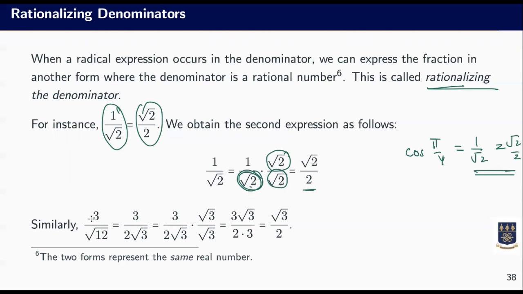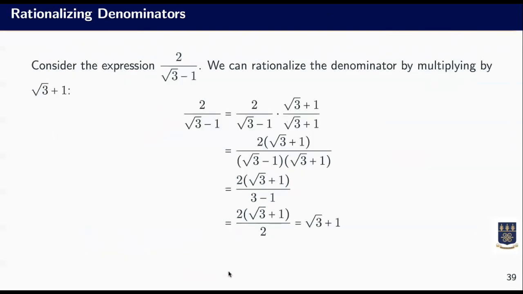Similarly, if I have 3 over root 12, and I simplify the root 12 and write it as 2 root 3, the radical is root 3. So I multiply by root 3 over root 3, and I end up getting root 3 over 2. And the key thing is that they represent the same number, the very same number. So if you have an expression like this, you can't multiply by root 3 over root 3. I mean, you can, but it will not help you rationalize it, because every time you multiply, you have a root 3. So what we do is that we multiply by its conjugate.